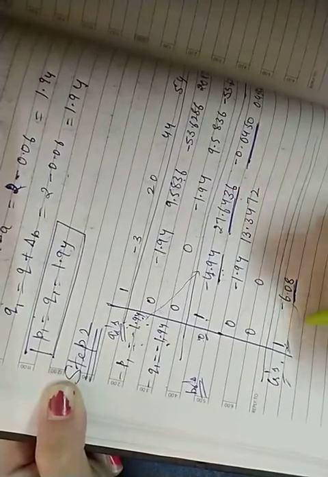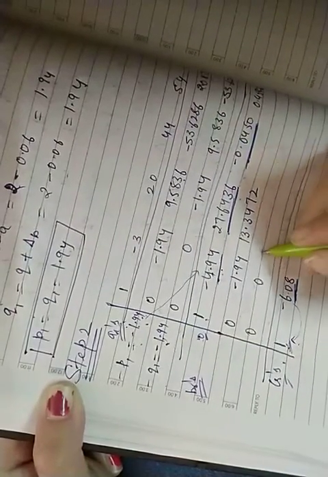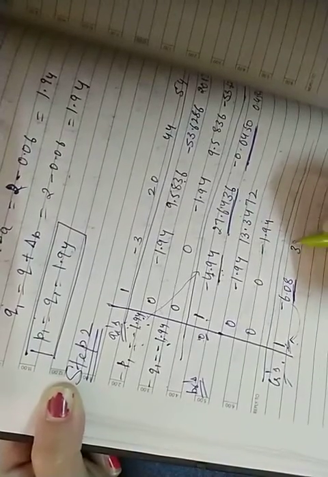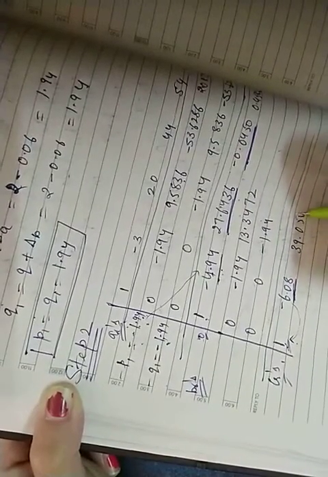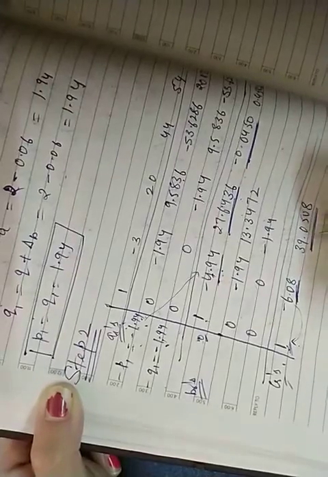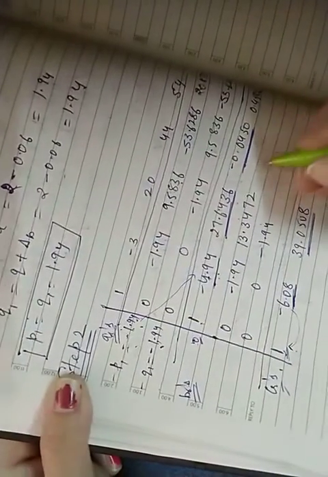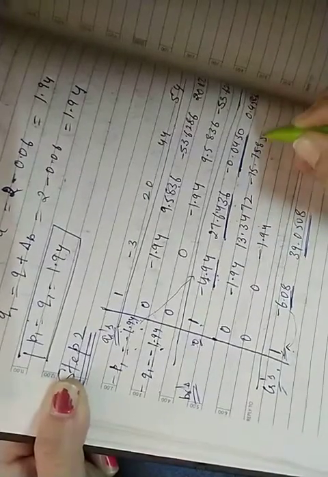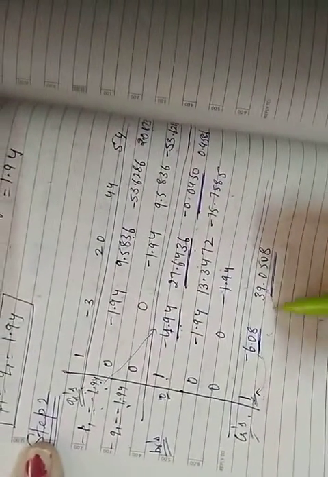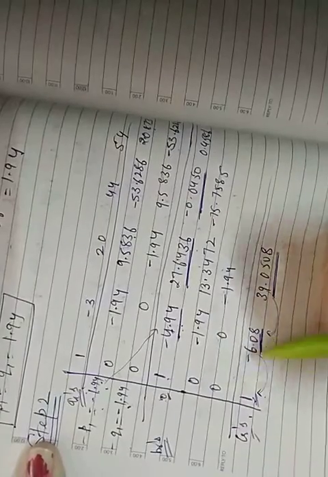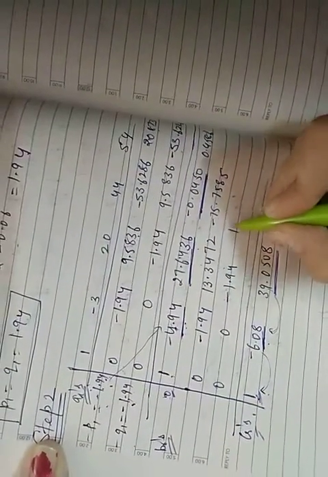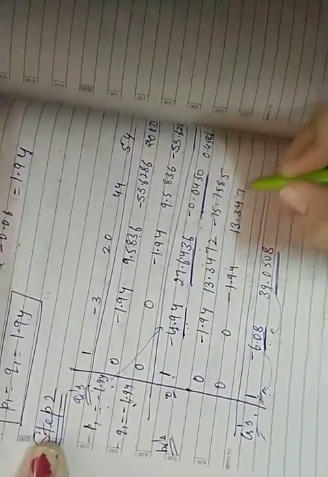13.3472, and the previous value 1 is multiplying by Q, is equal to minus 1.94. Adding these three values we get 39.0508. The given answer is multiplying by P, you get minus 75.7585, and the previous value, that is minus 6.08, is multiplying by Q, minus minus plus, that is equal to 13.3472.